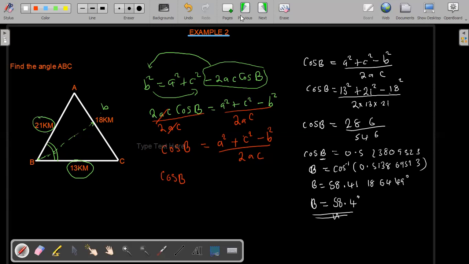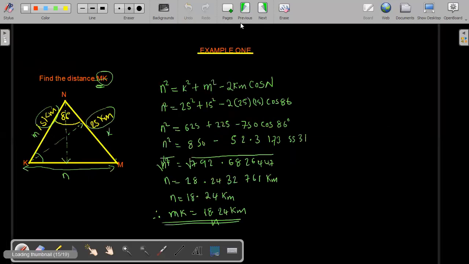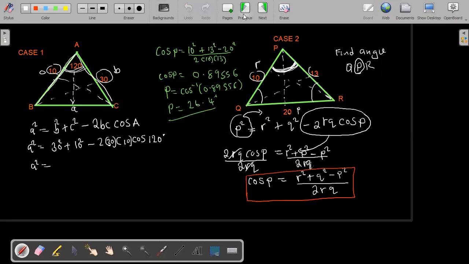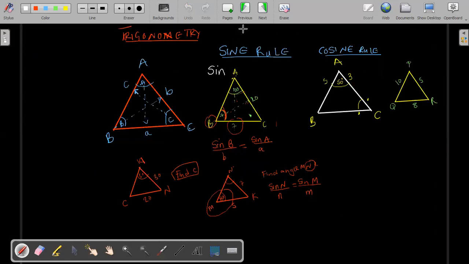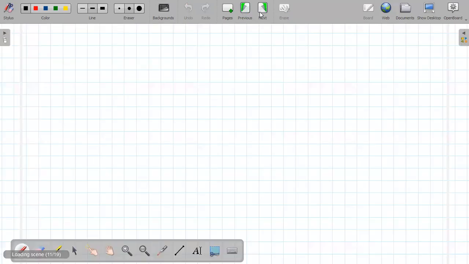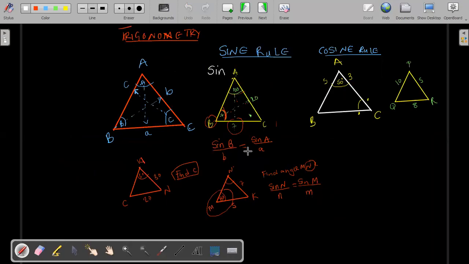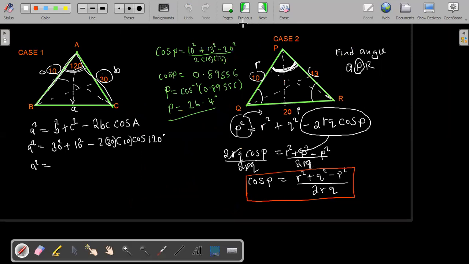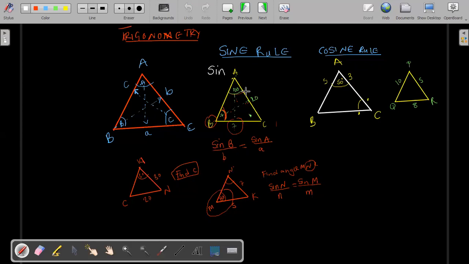Look at what we had. You remember this, eh? Because we are finding a side. If you take a look at what we did yesterday, we also had something like that when we were doing this yesterday.